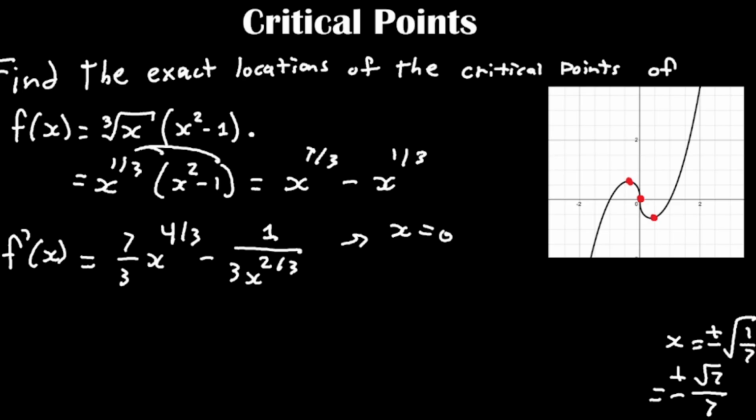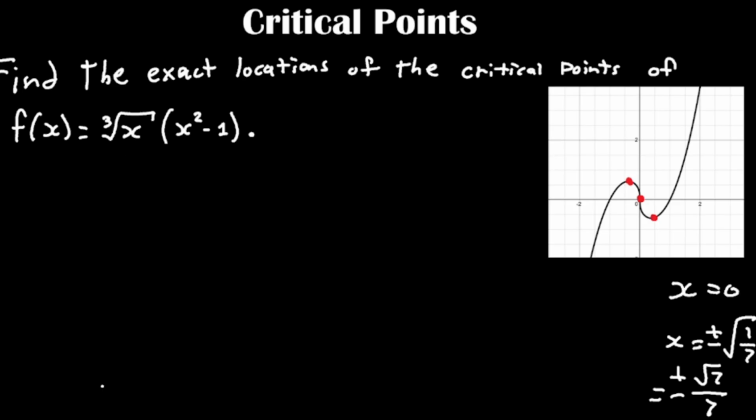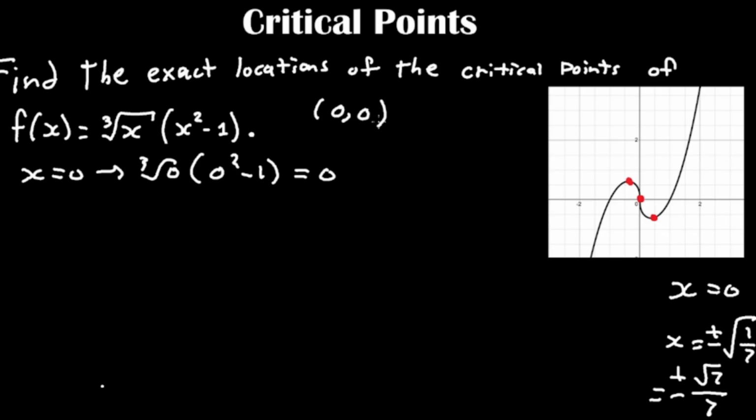So let's do that. All right, so first let's just plug in the easy one, x equals 0. So when x equals 0, we get the cube root of 0 times 0 squared minus 1. So this is just 0 times negative 1, which is just 0. So one of our critical points occurs at (0, 0).